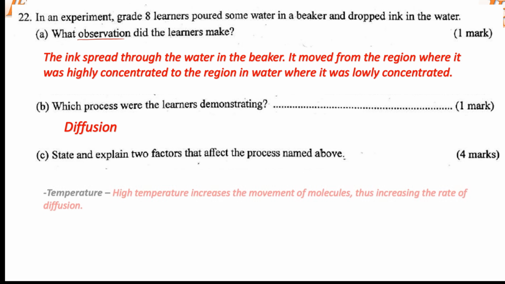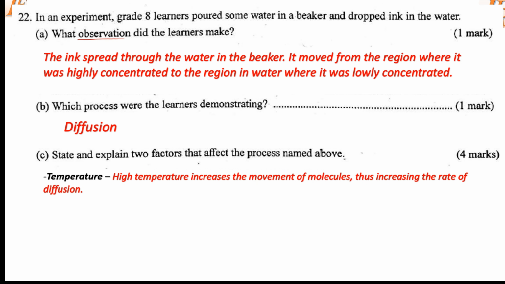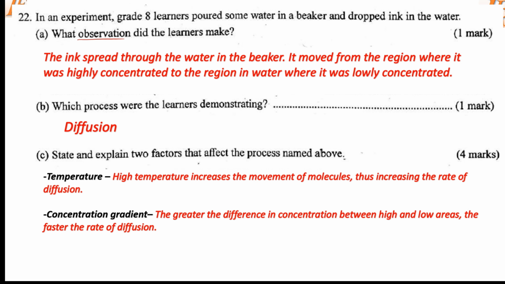The first factor is temperature. High temperature increases the movement of molecules, thus increasing the rate of diffusion. If the temperature is increased, the particles will gain more kinetic energy and they will move faster. So diffusion will take place very fast. The second factor is concentration gradient.